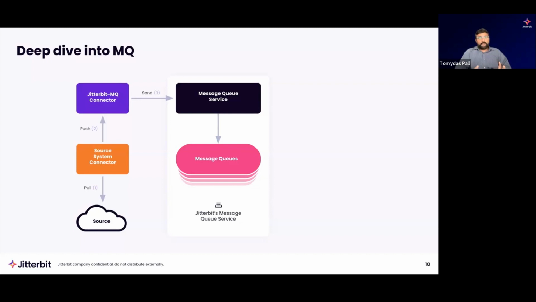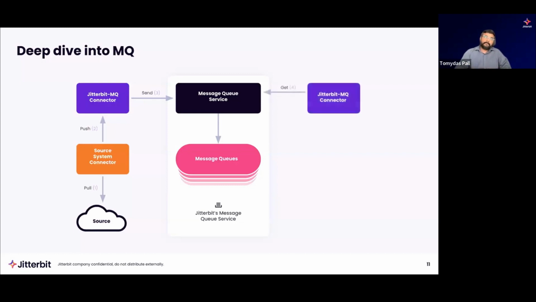The MQ service, as we call it, will now manage the storage and queuing of all this information in the message queues. And that's it. That part is completed. The one transaction of receiving the information from the source is complete. There is no need for the source to wait for the receiving system to receive it, because once it sends it to the queue, the part of delivery is completed.